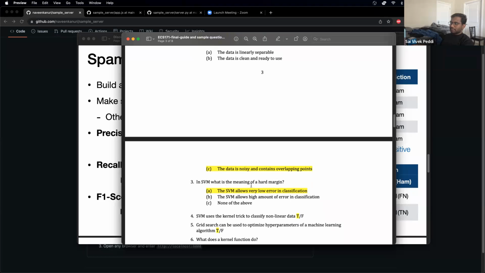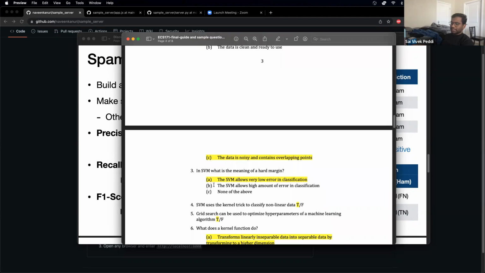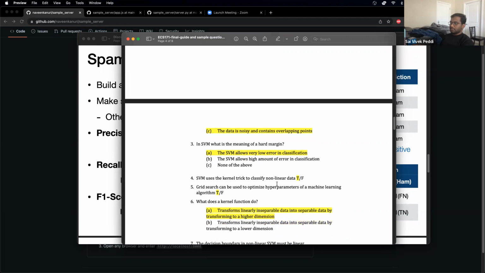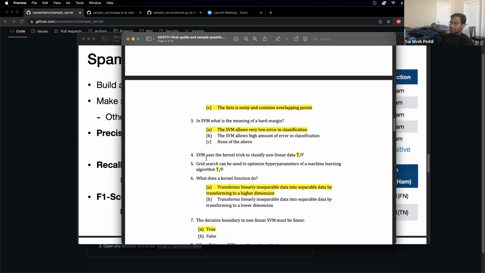In SVM, what is the meaning of hard margin? Again, these are all theoretical questions. If you just go through the lecture slides once again, I think you all will be able to understand these things clearly. Hard margin means the SVM allows very low error in classification. SVM uses the kernel trick to classify nonlinear data.